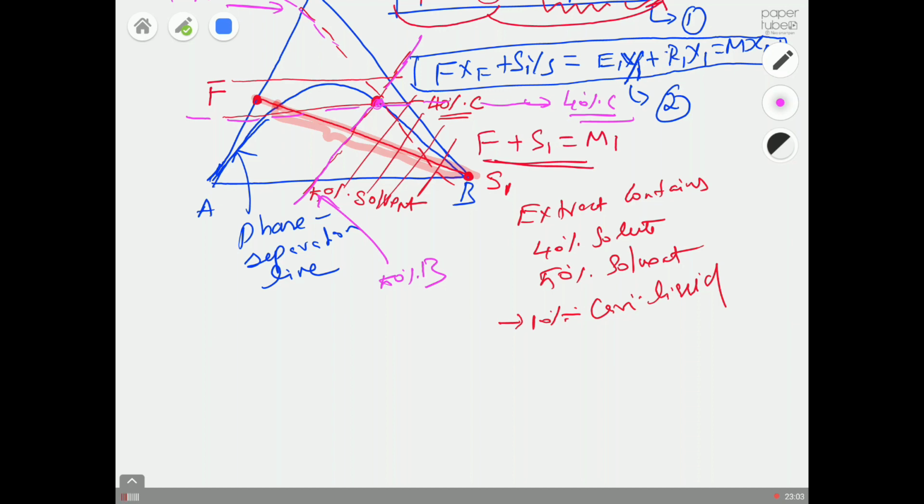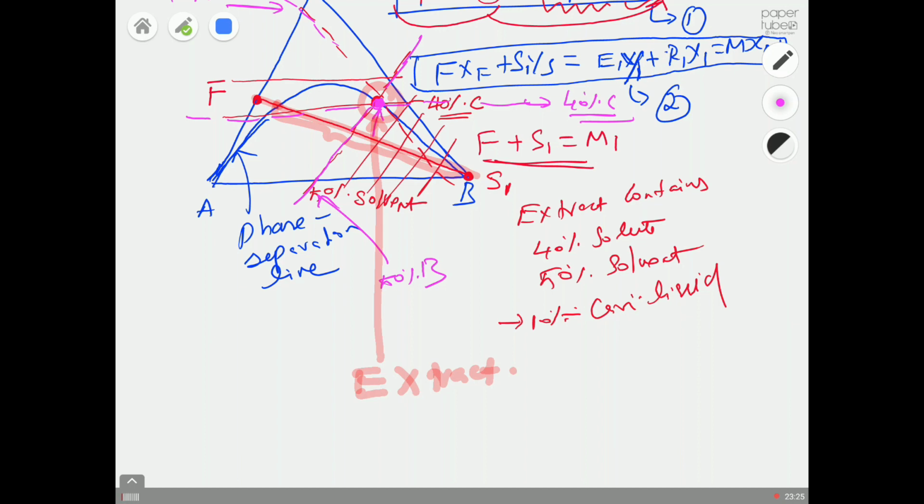This is my extract point. Let me show it in highlight. So that's our extract point. Extract.